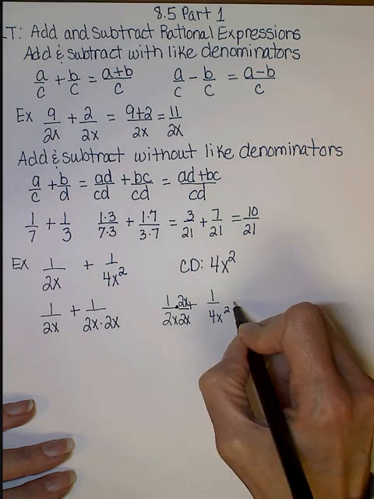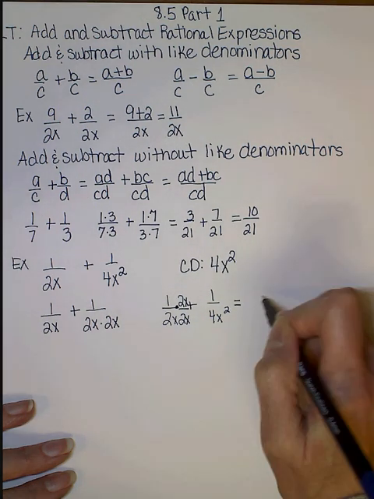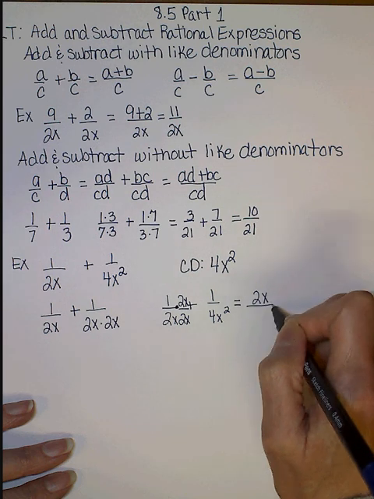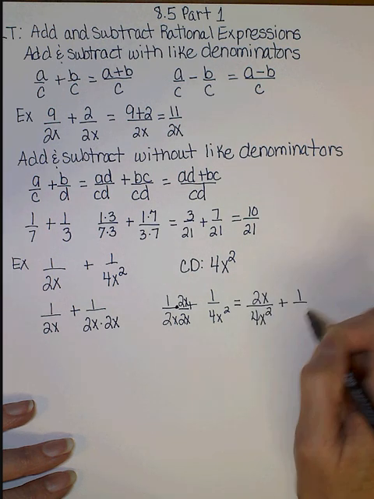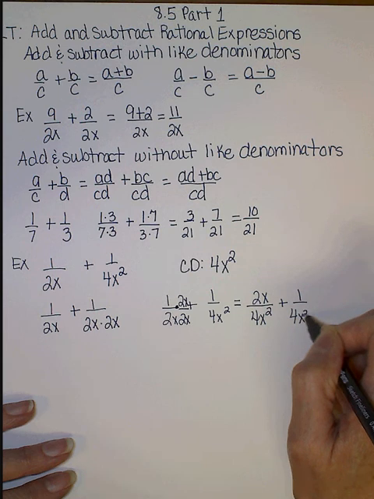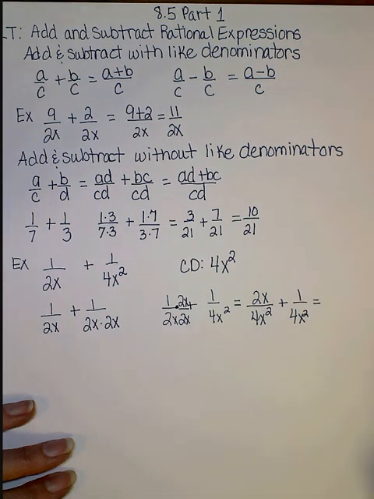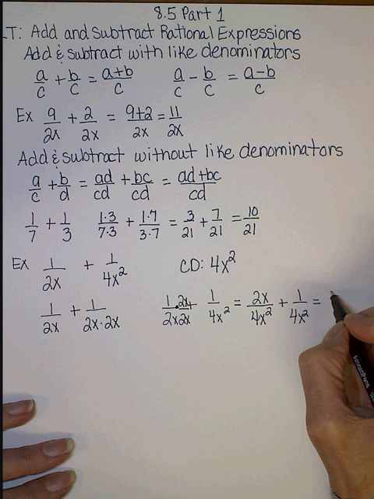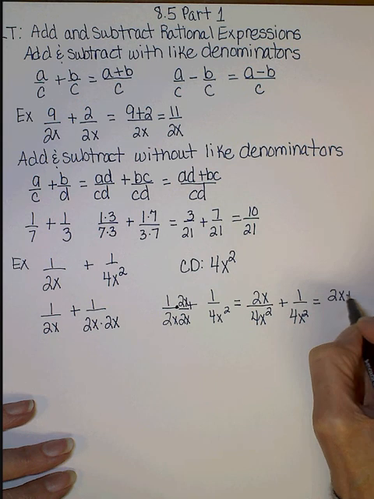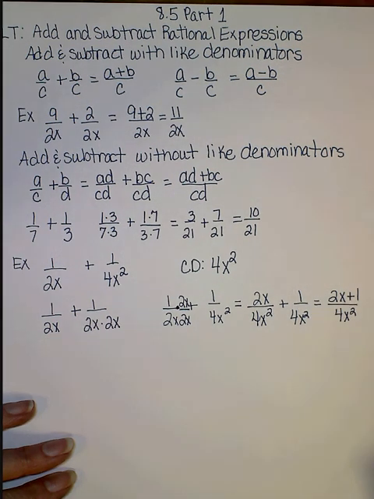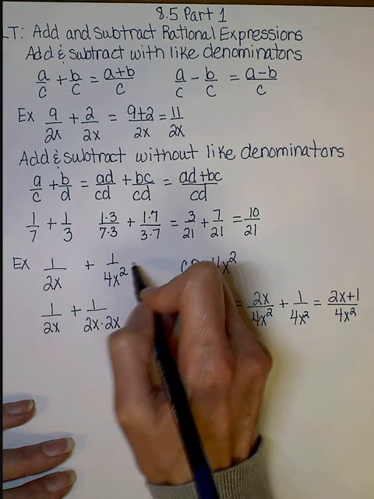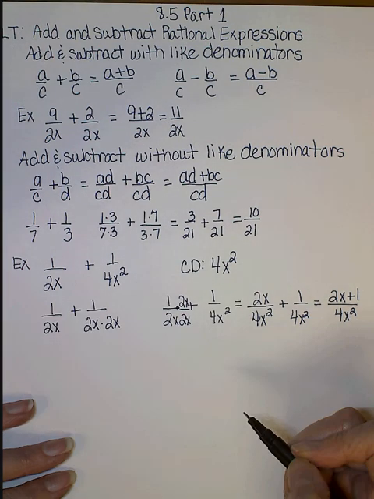Okay, and that would get me 2x over 4x squared plus 1 over 4x squared. Okay, now these aren't like terms, 2x and 1, so I just write the expression 2x plus 1 over 4x squared. Okay, that would be the final answer to this, adding those together.